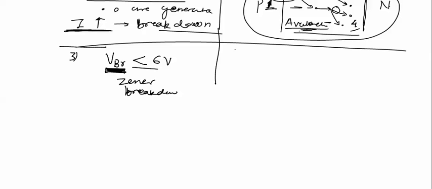If at the time of breakdown the voltage across the diode is greater than 6 volts, then we will say this is avalanche breakdown.